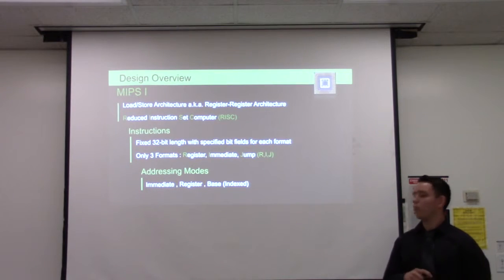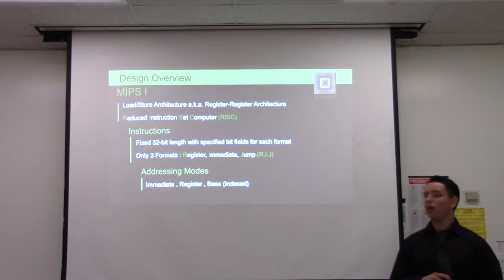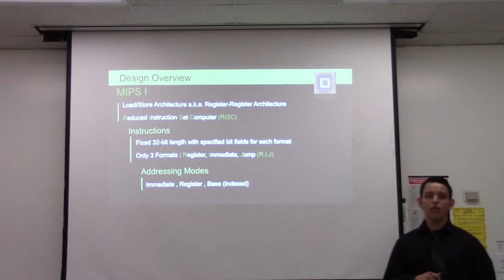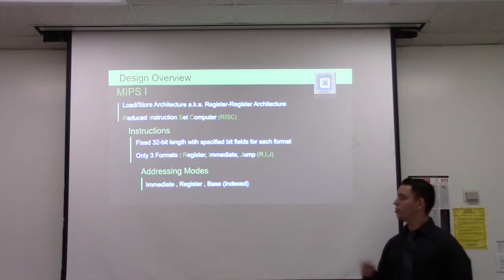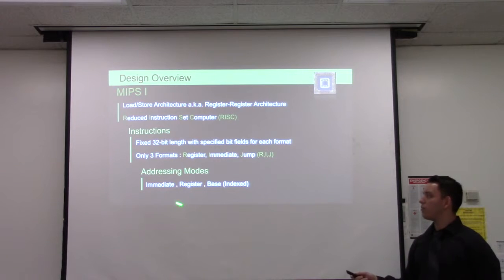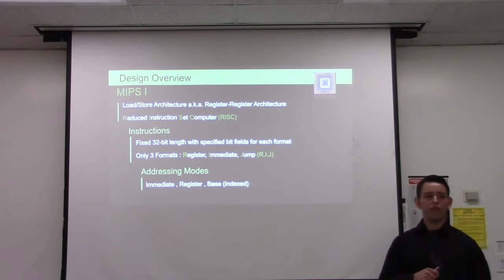Luckily, there are only 3 formats within the instruction set architecture itself, which are a register type, an immediate type, and a jump type. As far as the addressing modes go, we've included 3 different addressing modes for the architecture. We have an immediate mode, which allows us to get the operand from the instruction itself.